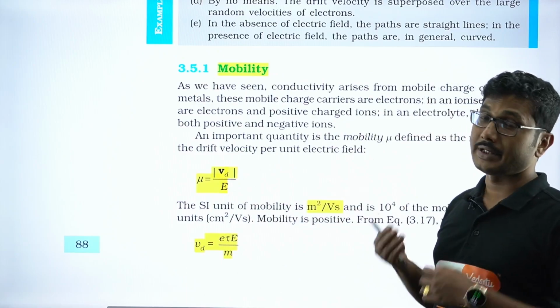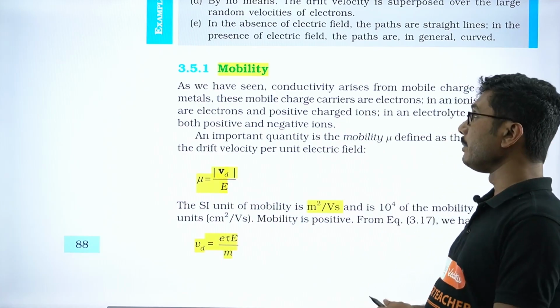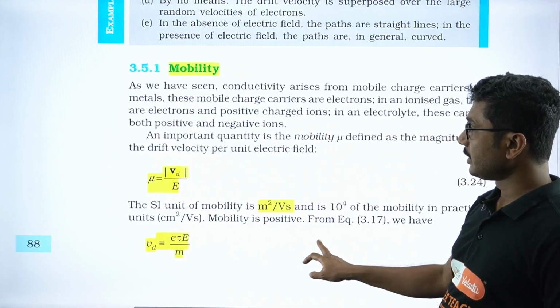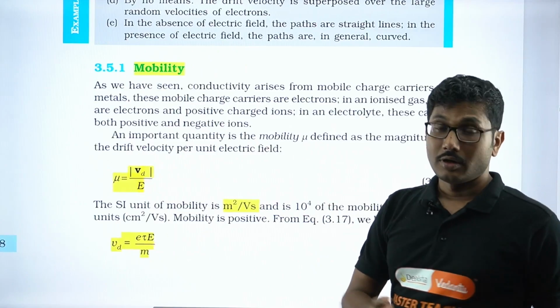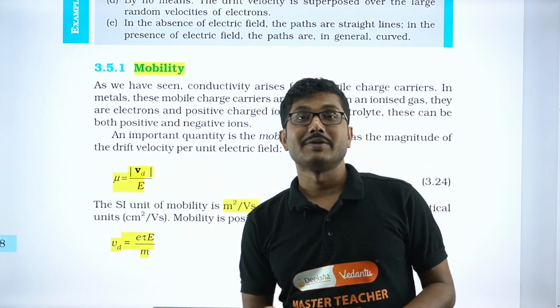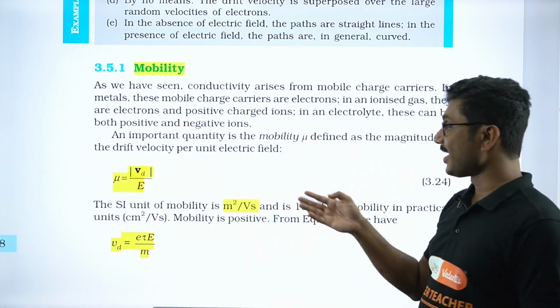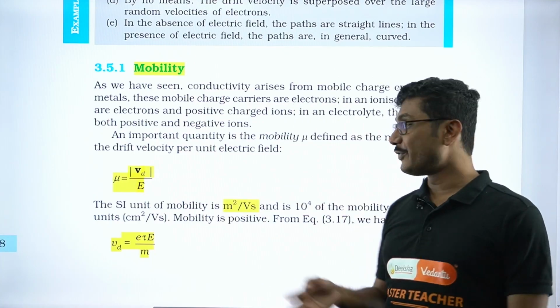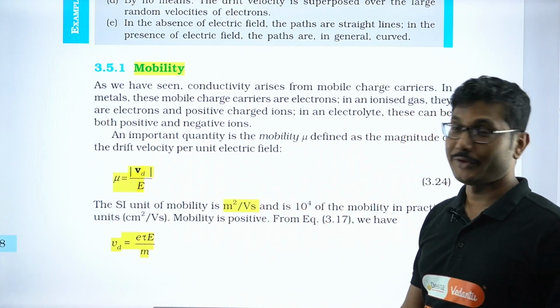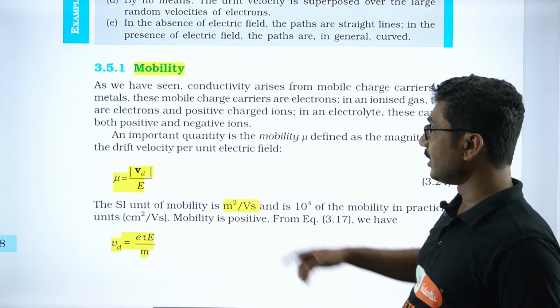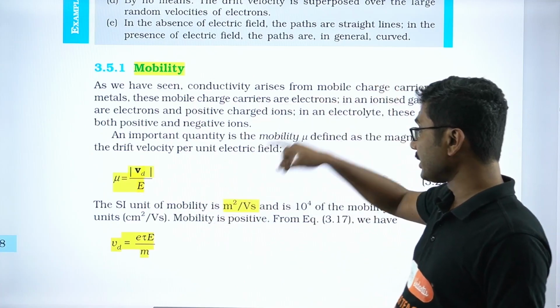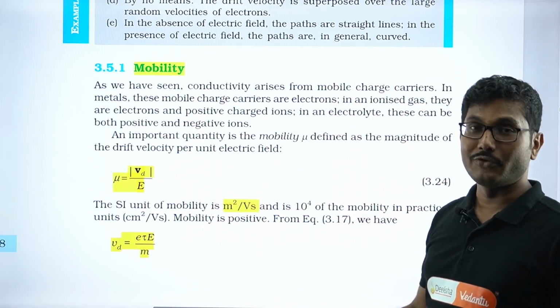There was a question based on the dimensions of mobility, maybe. In your model question paper they have given the dimension, but in the exam they asked about the unit. So be careful about the unit of mobility. It is meter square per volt second.